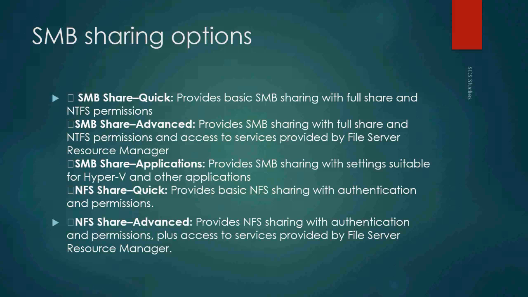SMB Share Applications, this is a new thing, guys. It provides SMB sharing with settings suitable for Hyper-V and other applications. This is very important. Suppose one of your machines has 128 gig of RAM and 3 physical processors, and you want to enable the Hyper-V role on the server, but you don't have a disk drive on that server.